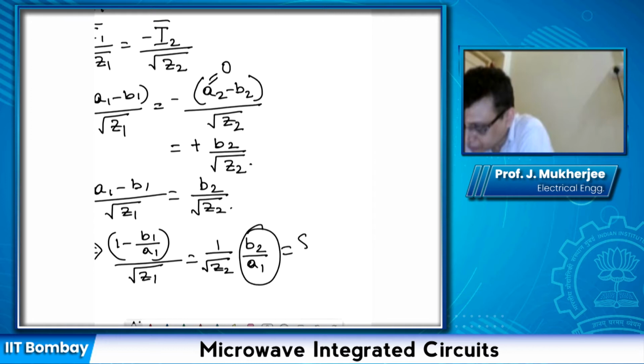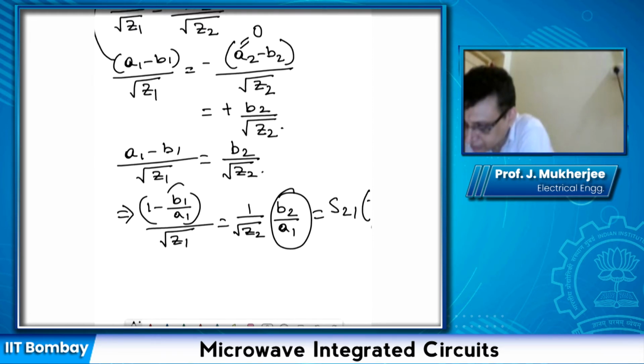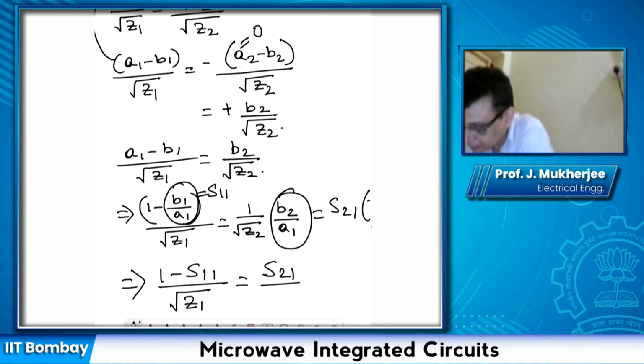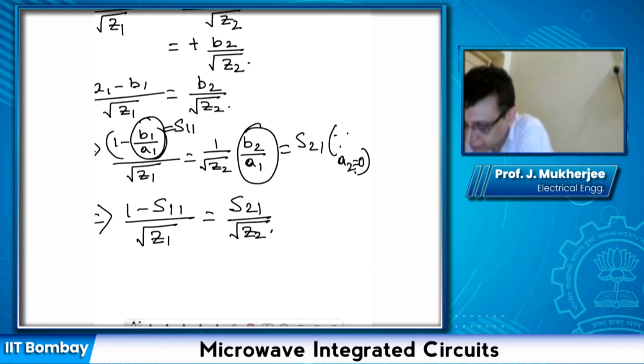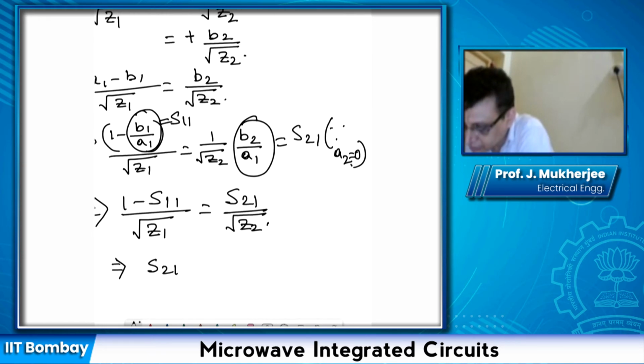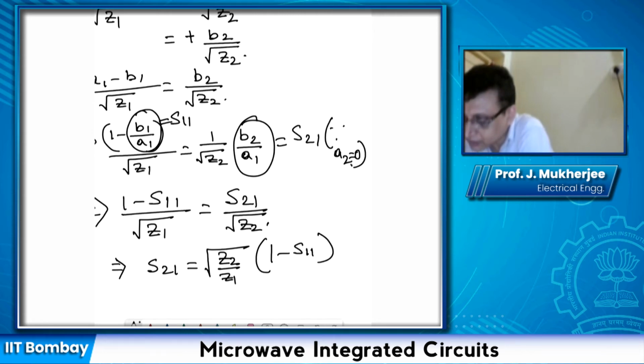This should be equal to S21 since A2 is equal to 0, and this is equal to S11, which we have already calculated. So this implies 1 minus S11 upon square root of Z1 is equal to S21 upon square root of Z2. So then from here we have S21 is equal to square root of Z2 upon Z1, times 1 minus S11.